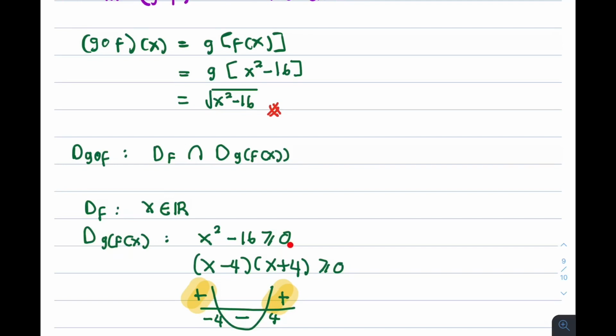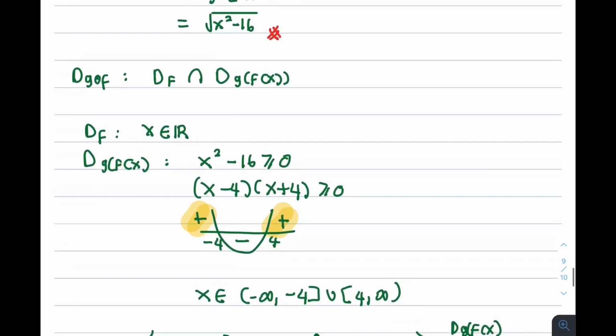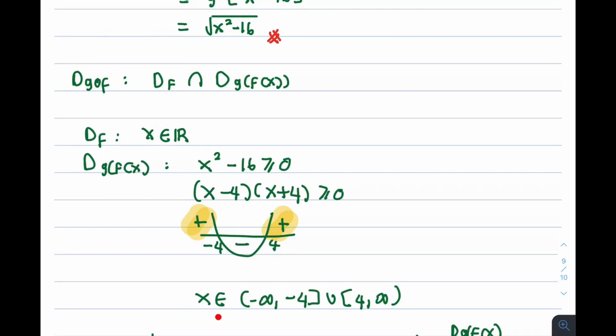You have the right hand side equal to 0, and then you factorize, so you get (x minus 4)(x plus 4) greater than or equal to 0, and you do the graphing to find the region of your inequality, which has a plus here, so the region is over here. Then your final answer is x belongs to negative infinity until negative 4, union with 4 until infinity.